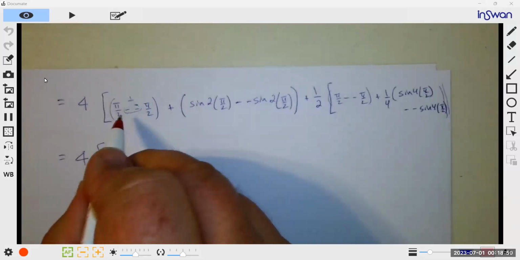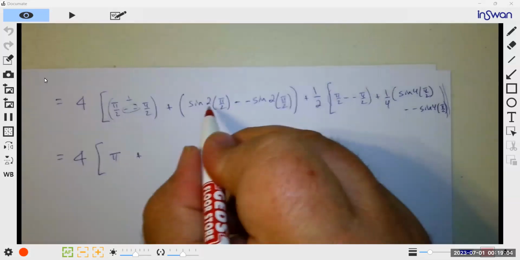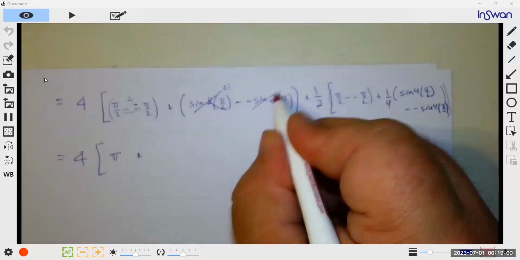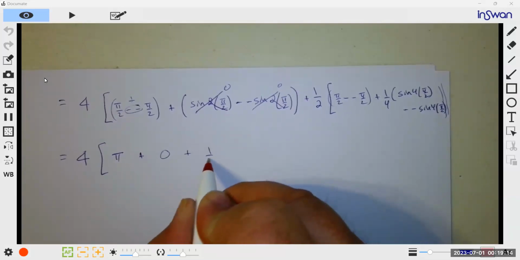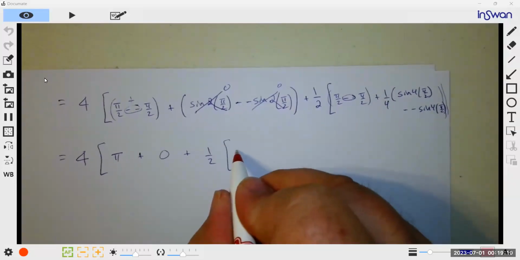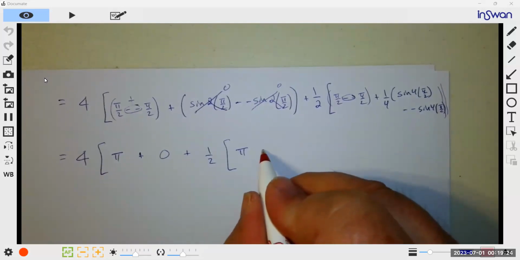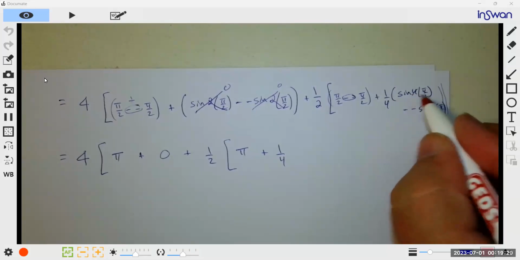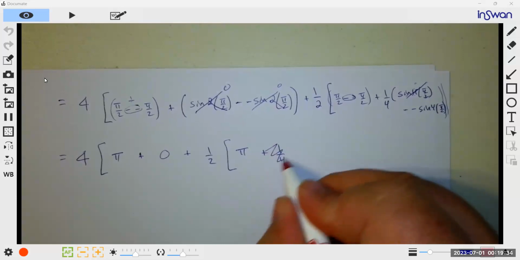This becomes a plus, so pi over 2 makes it pi. The 2's cancel, so sine pi is 0. Those cancel, sine pi is 0. Pi over 2 plus pi over 2 is pi. Two pi to 2 and 4 cancels. Sine 2 pi is 0, 0. So that one's 0.